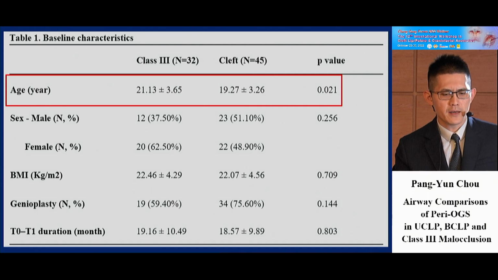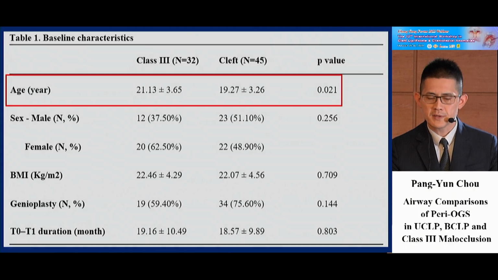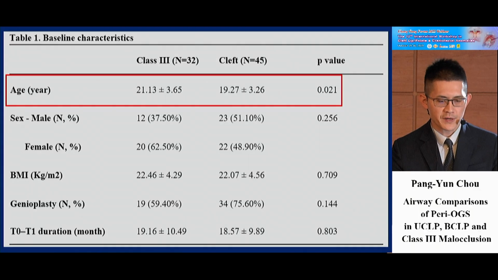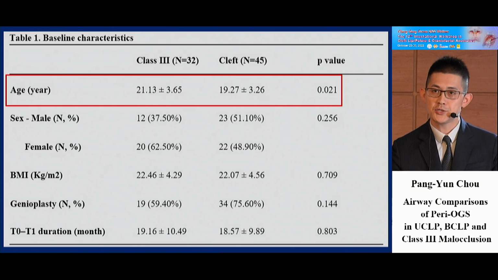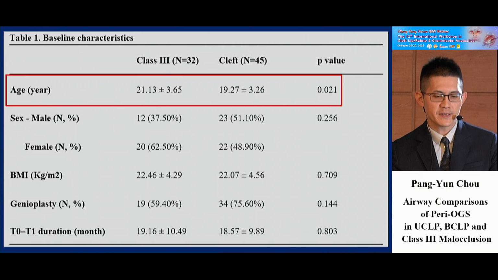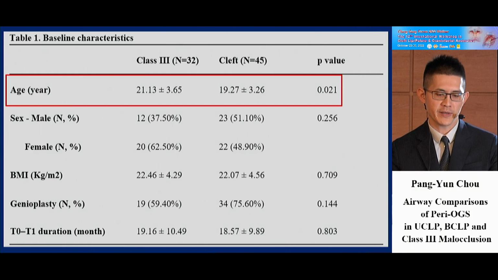In our series, we have 30 class 3 patients and 45 cleft patients. But for the age at OGS, it shows a significant difference. That's probably because all the patients with cleft are more eager to correct their facial profile, so they underwent the OGS at a younger age.